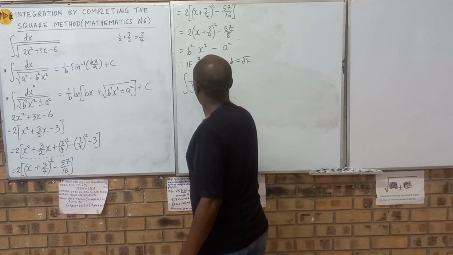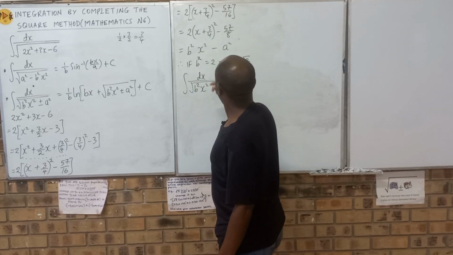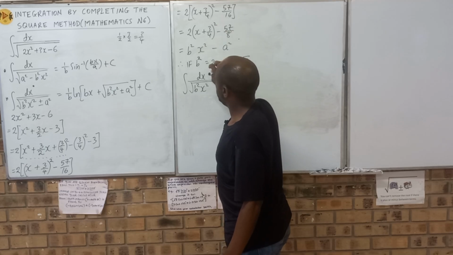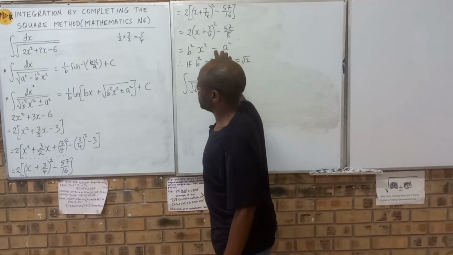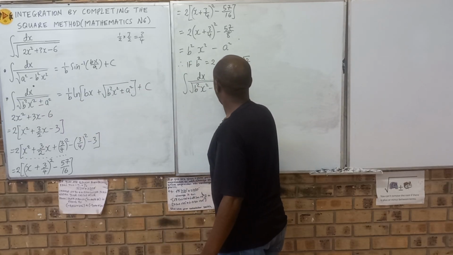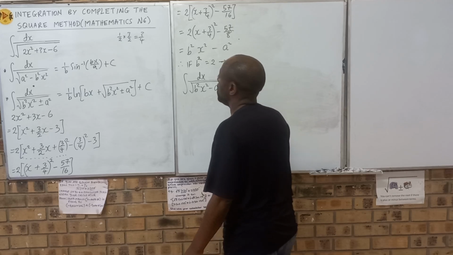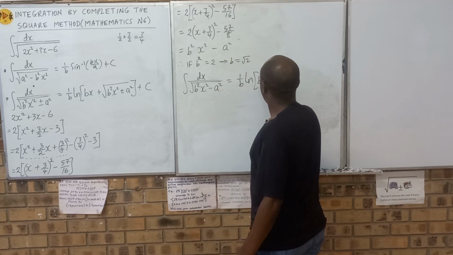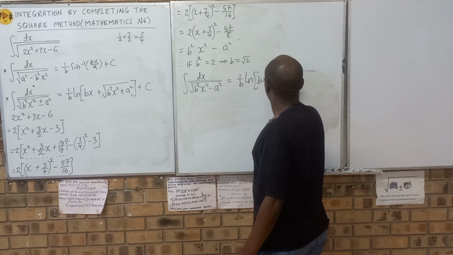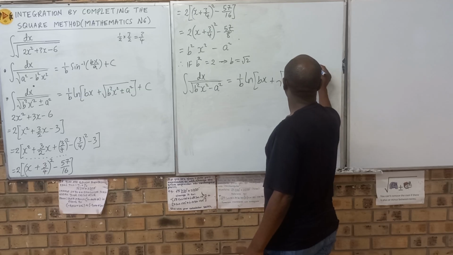Then I'll just do my replacement from left to right. Now if I'm copying this, I must remember that the way my formula was picked up, it dropped the positive sign. So I'm no longer going to use the positive sign. The correct formula for me is the one with the negative. So on the right hand side, it will be the mean of b, x plus the square root of b squared times x squared minus a squared, plus c.